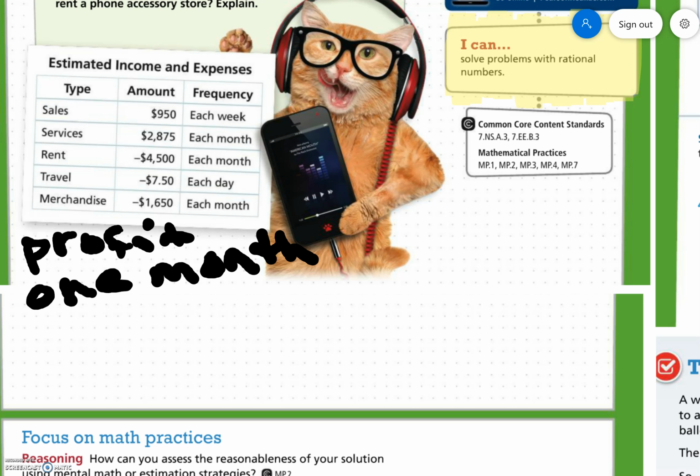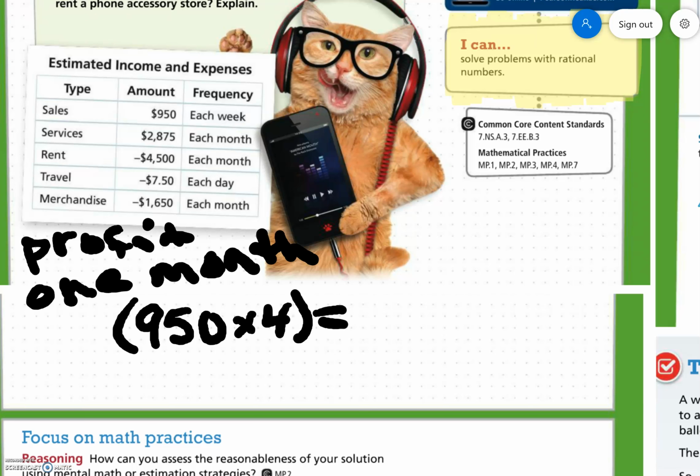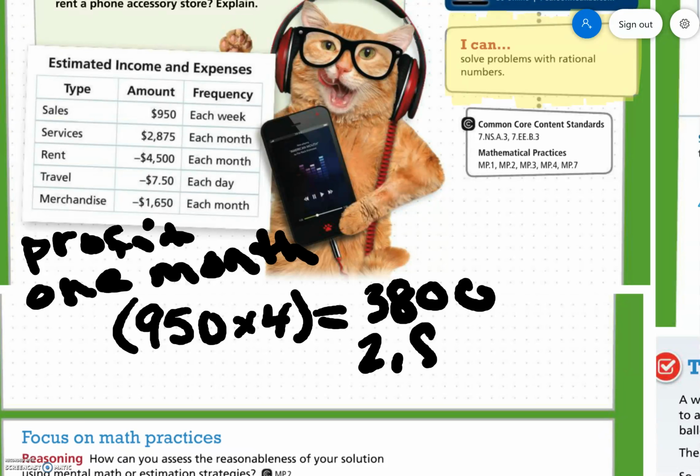Okay, so if he's got the sales, it's $950 each week. Well, there are 4 weeks in a month, so I'm going to multiply that by 4 to get $3,800. Services, I know it's $2,875 each month, so I don't have to multiply by anything.